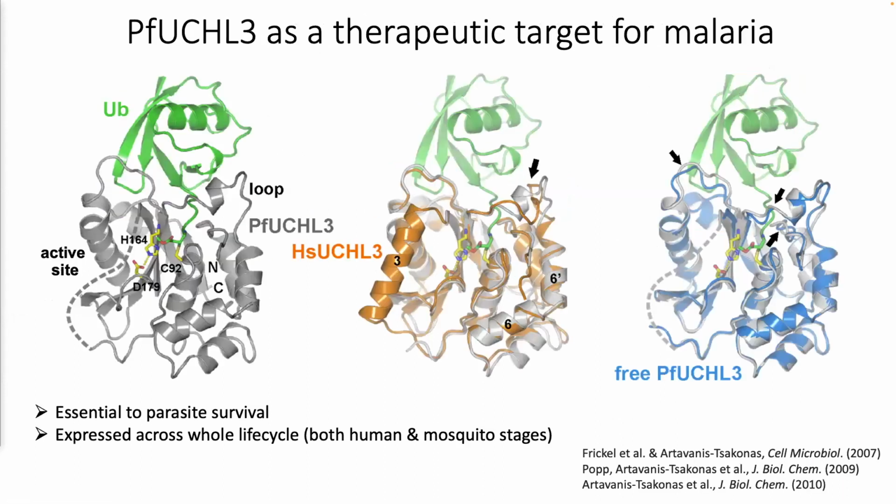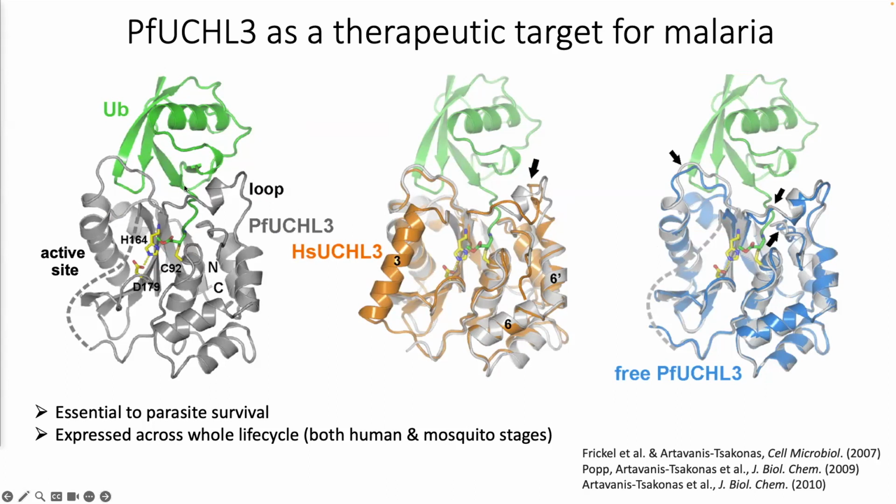It's a DUB called UCHL3, and it was identified in Plasmodium falciparum by Kat's group a number of years ago. They determined the crystal structure of the protein on its own, shown in blue here, and in complex with ubiquitin, shown in gray here. Ubiquitin is in green.